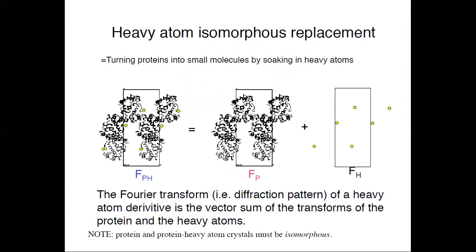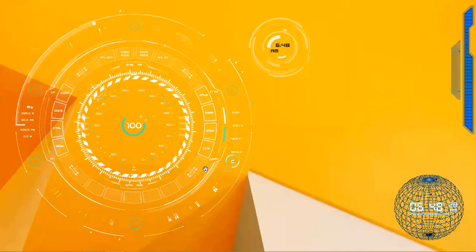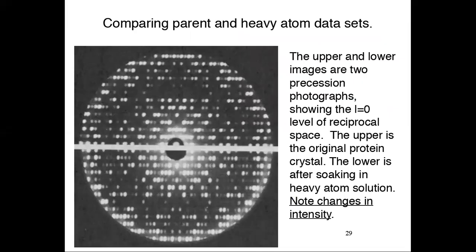It is diffracted from the heavy atom and the protein as a vector sum. The Fourier transform of a heavy atom derivative is the vector sum of the transform of the protein and the heavy atom. Comparing the parent and heavy atom data sets should show changes. Look at the diagram and compare with the previous section.